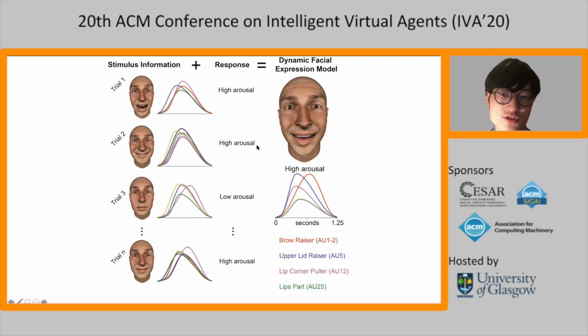Here, they judge the arousal level of the expression. Taking all of the trials judged as high arousal, we can get the overlap of features in high arousal expressions. Then we know, okay, these are the features for expression of high arousal.